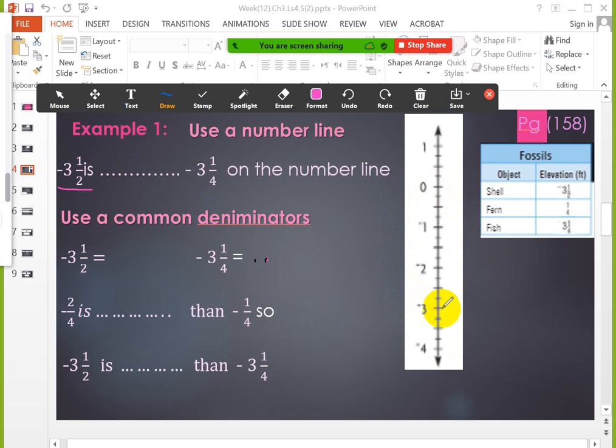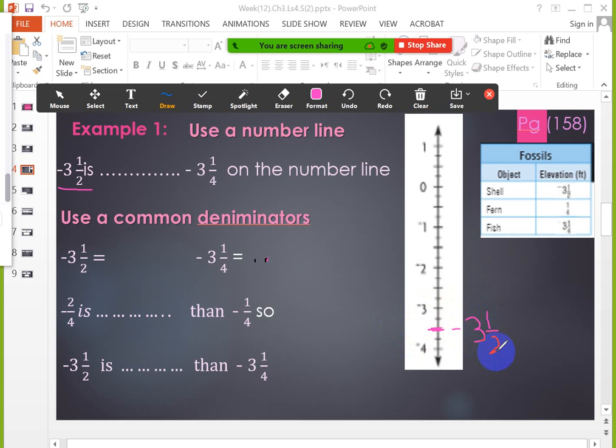This is the whole part. Then I will jump the fraction part here. The fraction part is 1 over 2. That means in the middle. This is a half. That means this is the point that represents negative 3 and 1 over 2.